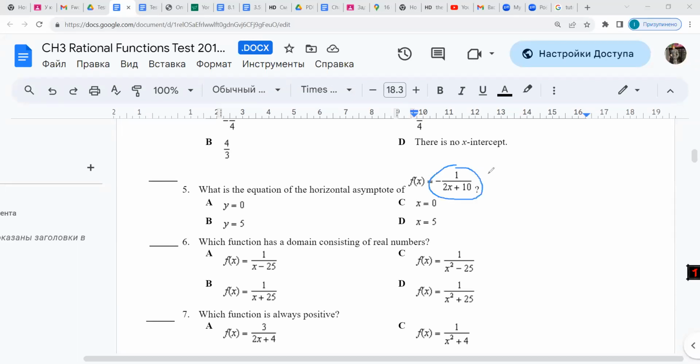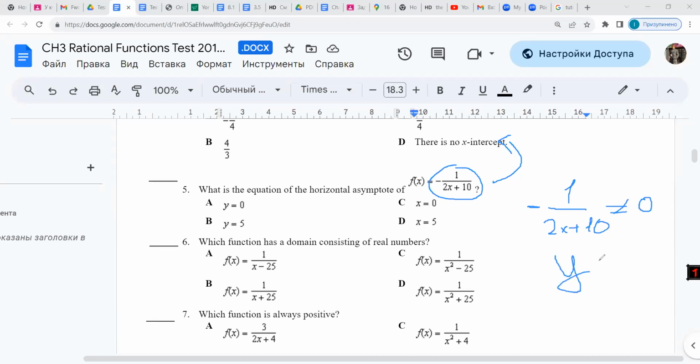In this particular case, it's pretty similar to what we did just before. Basically, a horizontal asymptote could also be treated as an exclusion from the range of this function. As you can see, 1 over 2x plus 10, with a minus in front of it, could never be equal to 0.